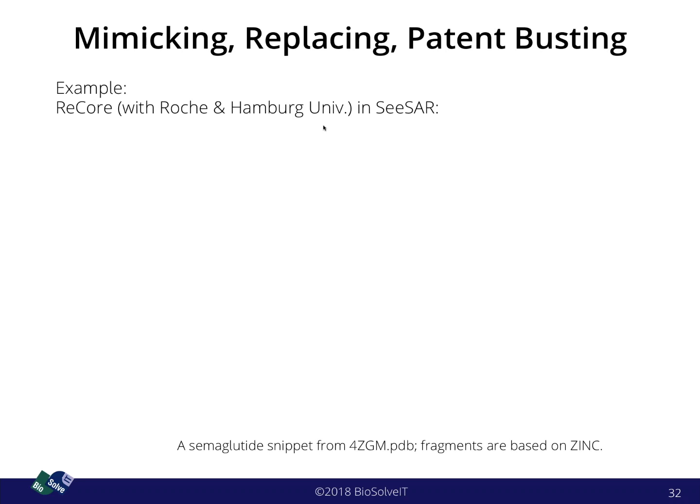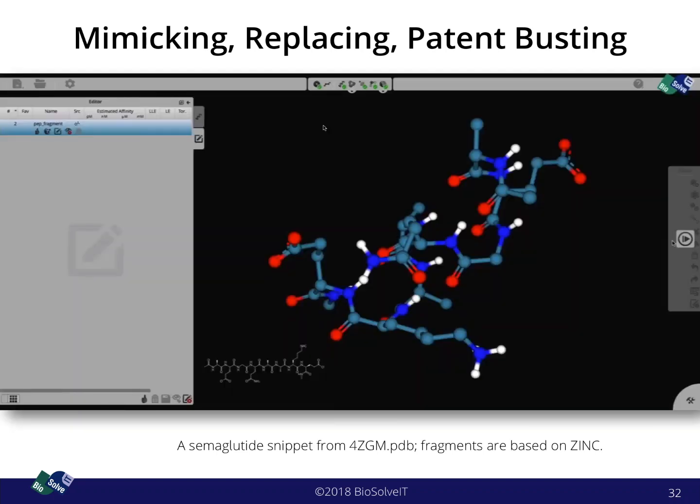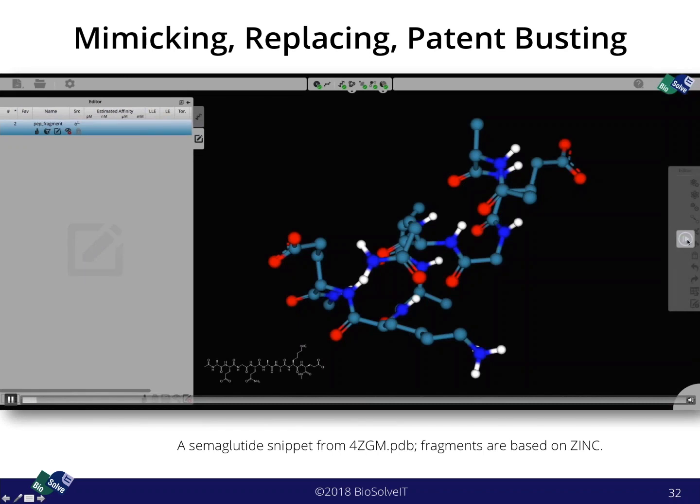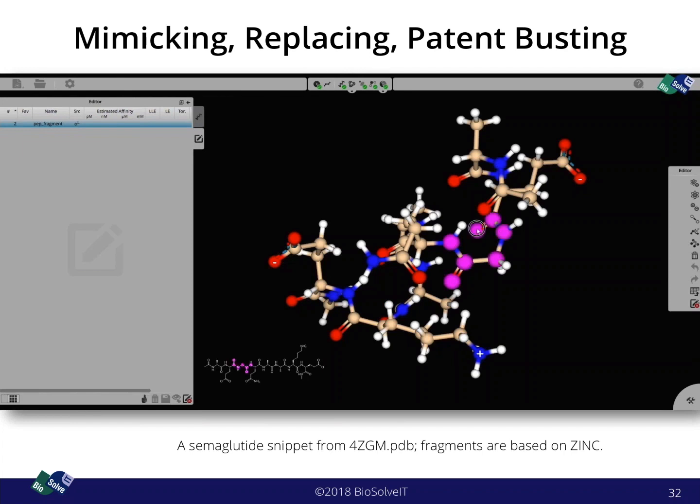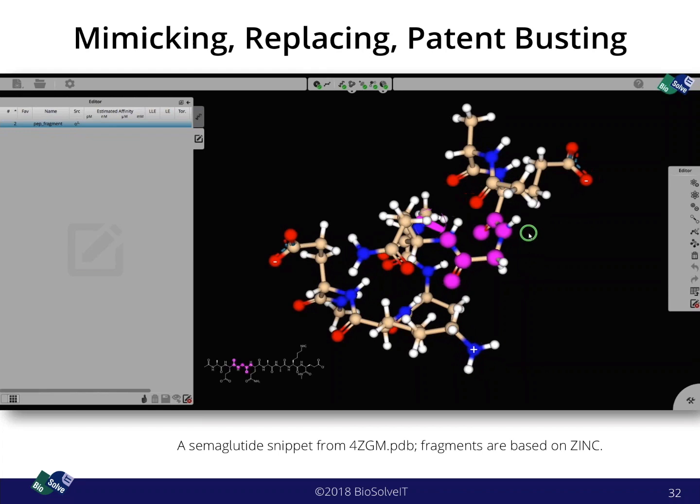So we used our recall algorithm that was also developed with Roche and Hamburg University, that is implemented in CISA. And I took something from a publication by Novo Nordisk and fed this into CISA here. And what we did here is we took out a snippet from this peptide, which is displayed here in the lower left in 2D, and we said, okay, let's assume that this is a part that we do not want.